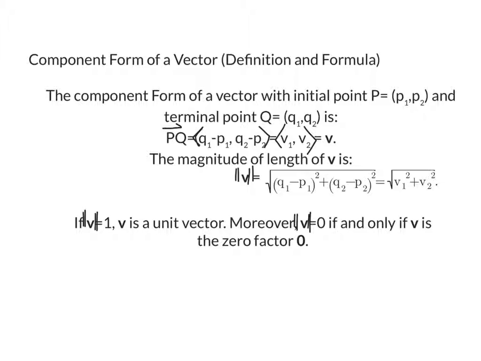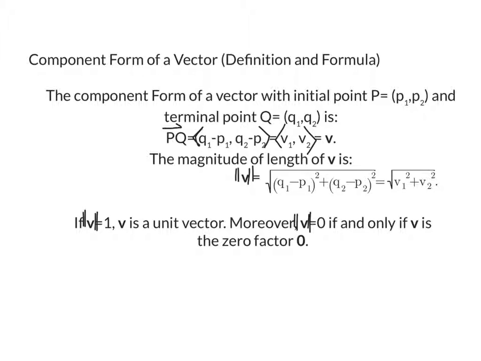The magnitude, or the length of the vector, which is kind of what I gave you before, is the square root of (Q1 minus P1) squared plus (Q2 minus P2) squared, which is essentially the square root of v1 squared plus v2 squared. If the magnitude of vector v equals 1, then vector v is a unit vector. And moreover, the magnitude of vector v equals 0 if and only if vector v is the zero vector ⟨0, 0⟩.